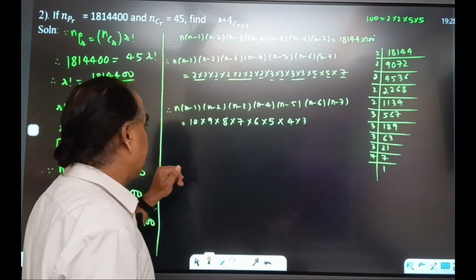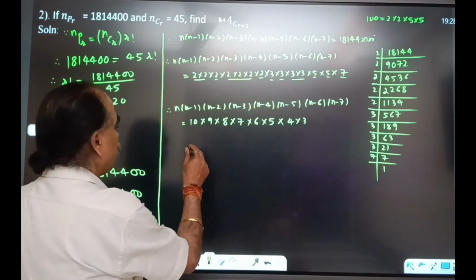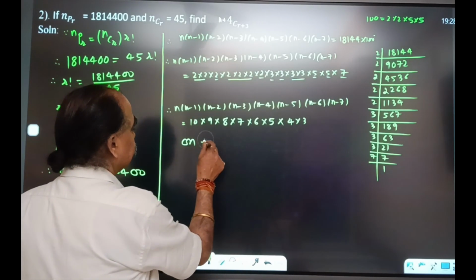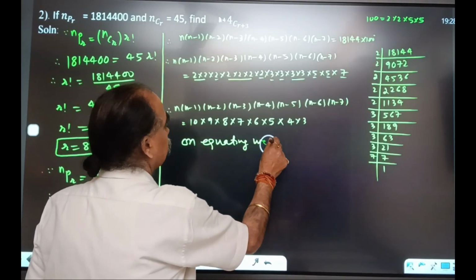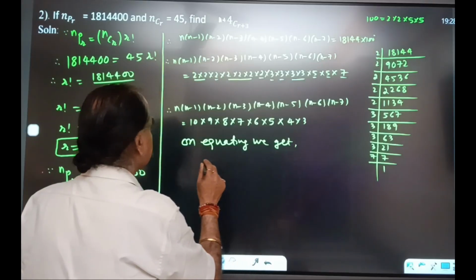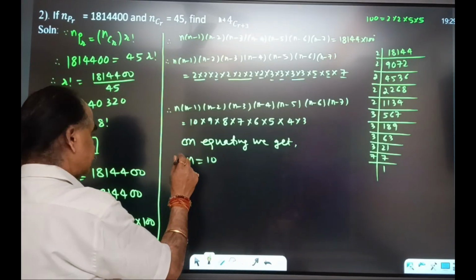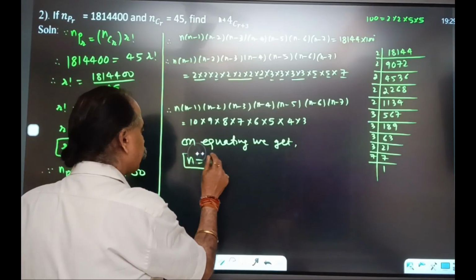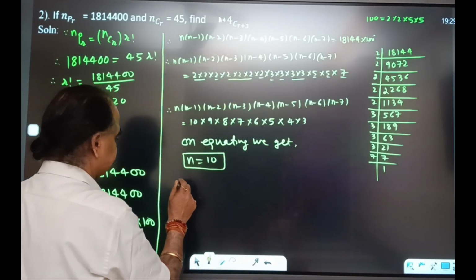So we have 1, 2, 3, 4, 5, 6, 7, 8. On equating we get n is equal to 10. Our aim is not to find n and r, but to find out n plus 4 C r plus 3.